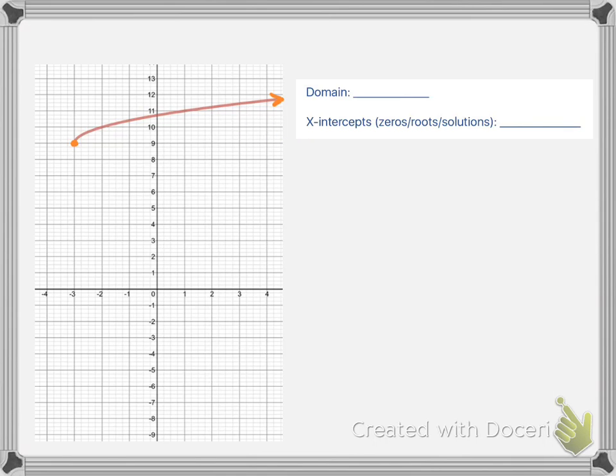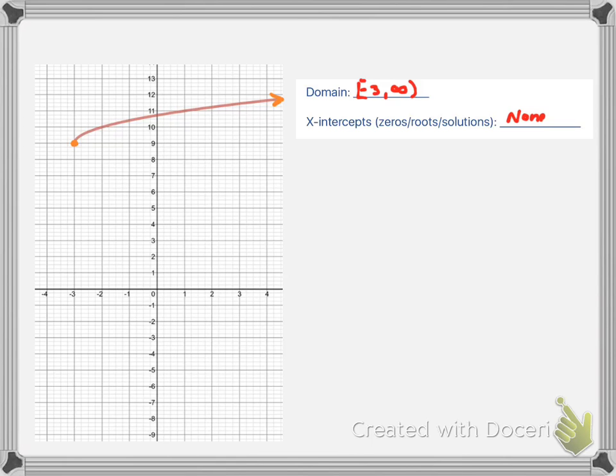So that would mean that our domain is -3 to infinity. Alright, and we just write it like that. Okay, -3 to infinity. Okay, your x-intercepts. Where is it going to touch this x-axis? Well, the answer is never. Okay, because it's increasing, it's not decreasing, so it's never going to go down and touch that. And it is possible to not have an x-intercept.